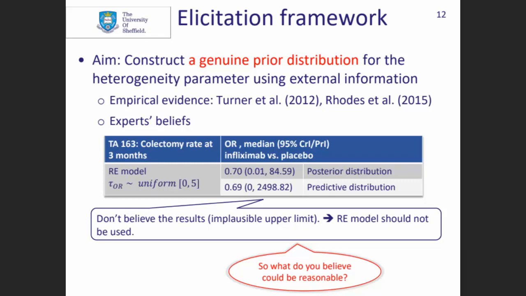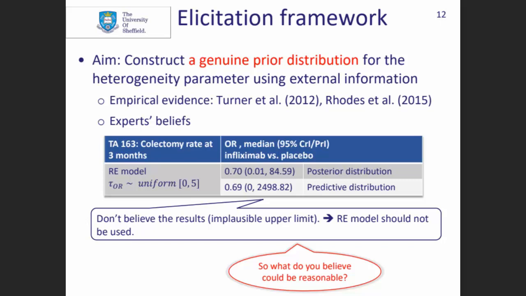So when experts see these results, they may immediately comment that they do not believe the results, as the treatment effect could not have such a large upper limit. So they don't believe the odds ratio in a study could reach 85, and the odds ratio in a new study going to be conducted in the future could reach more than 2,000.